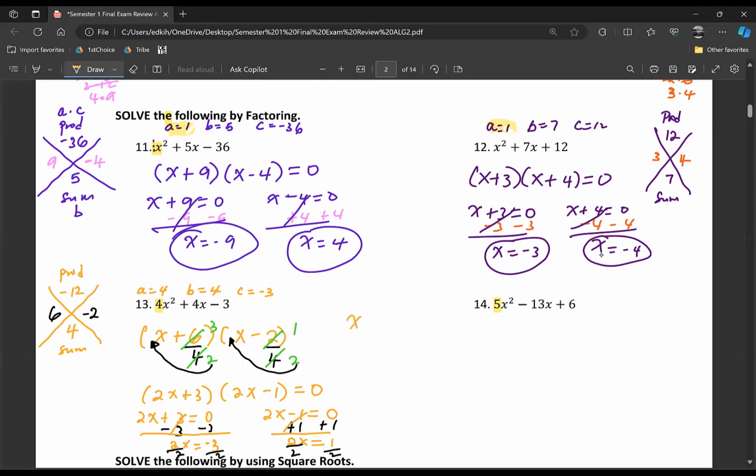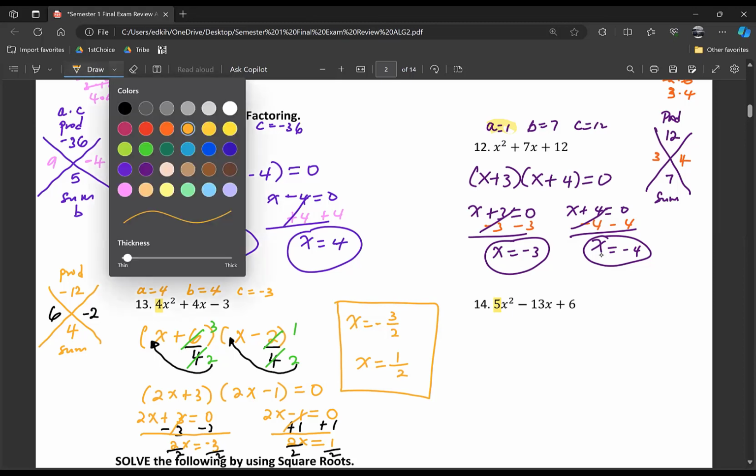So x ends up being -3 over 2 for one of the answers. And the other answer is x equals 1 over 2. Boom. So the not so friendly version literally uses the same steps as the other ones, but you have to remember to divide by the leading coefficient.